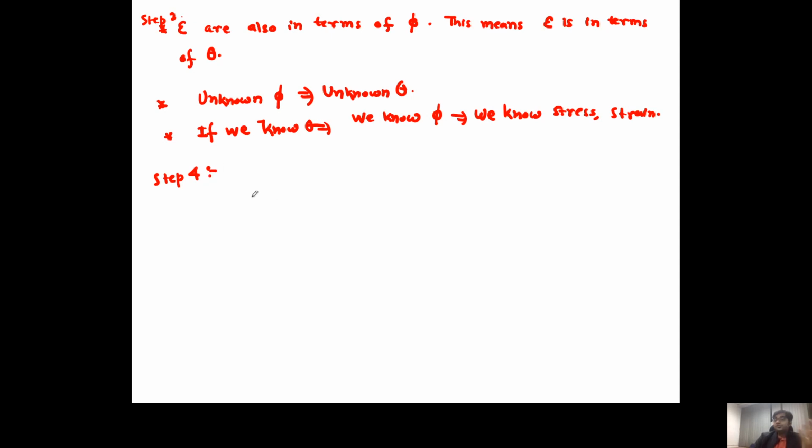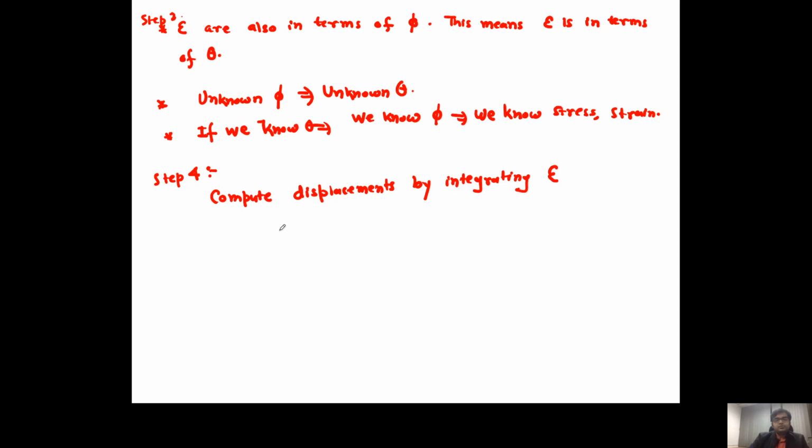so you have now your sigmas and epsilon and all those things. We are going to use epsilon. So compute displacements by integrating epsilon.